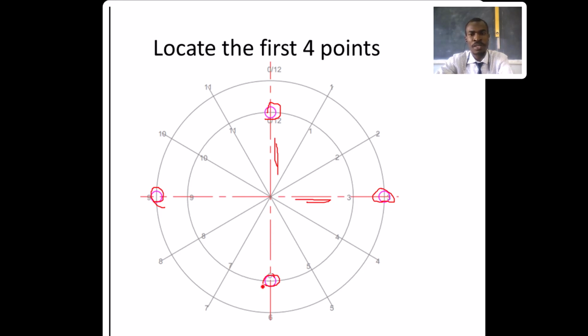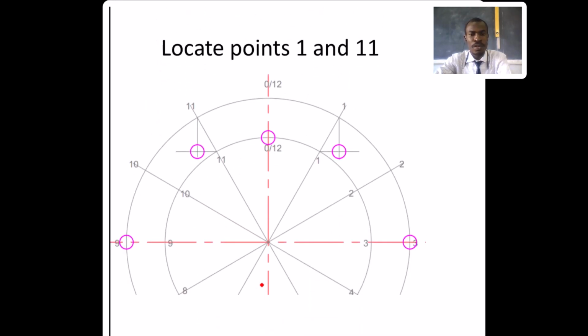What's remaining now is to locate the other points. I'll start by locating point 11 and point 1. I'll start with point 1. We have this dividing construction line here, which passes through the bigger circle and the smaller circle.